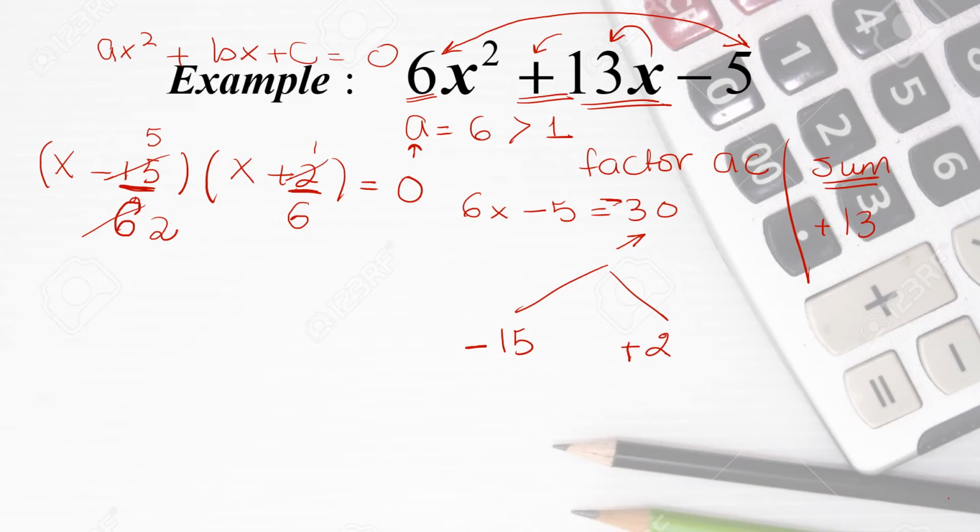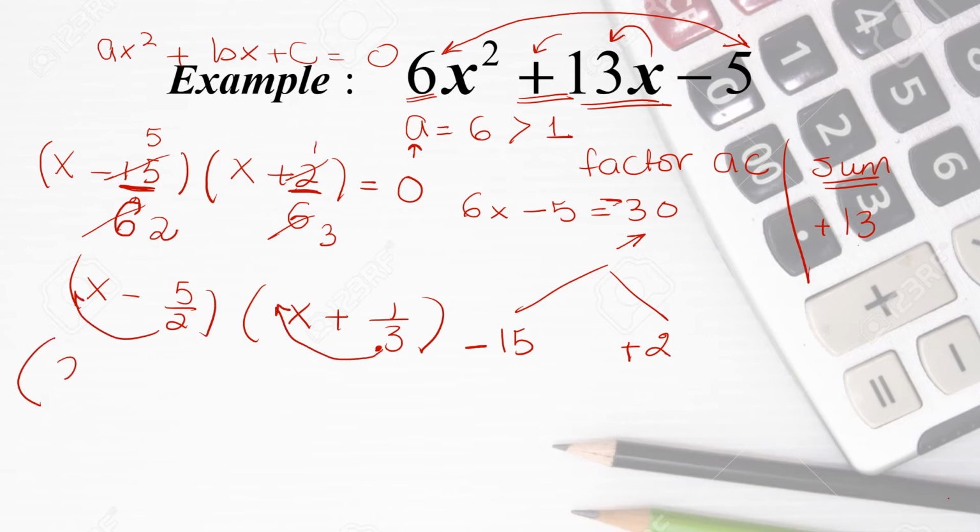Similarly, 2 times 1 is 2 and 2 times 3 is 6. So now you have x minus 5 over 2 and x plus 1 over 3. Now move this denominator to the other side and write it beside the x. So you will get 2x minus 5 and 3x plus 1, and it all equals 0.